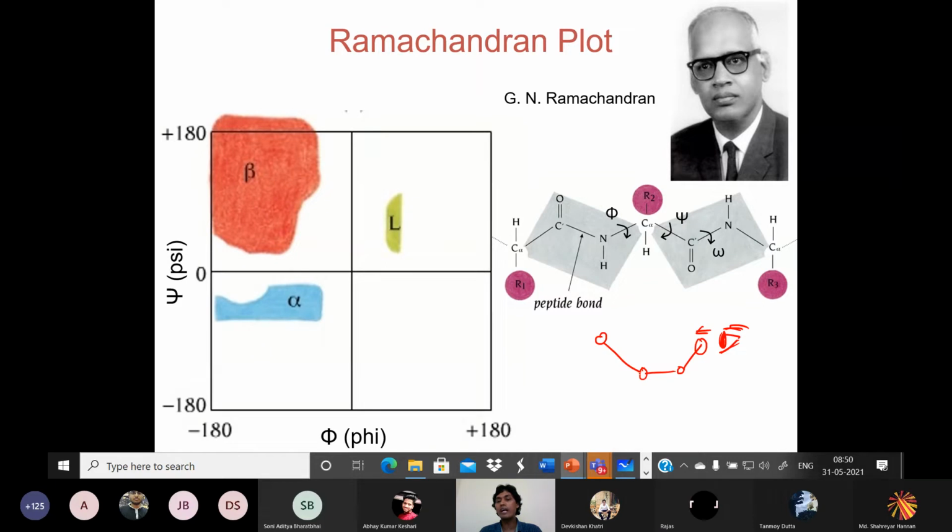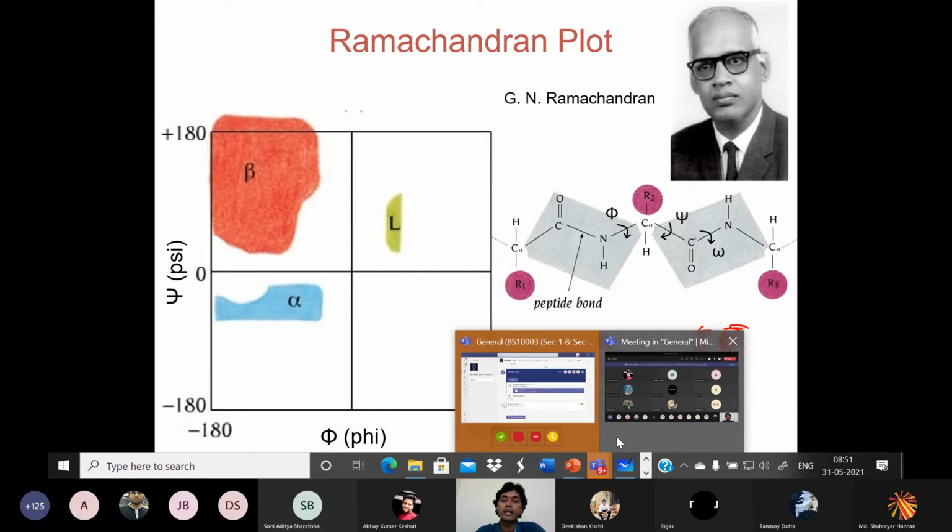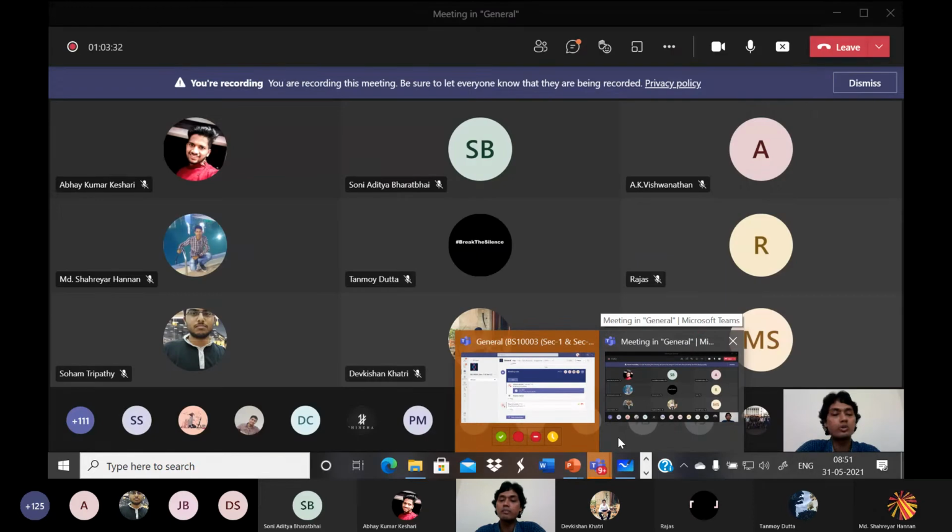Now if you rotate this by 30 degrees, where will you see the position? I have some animated slides, so I will attach those slides to this presentation before uploading it to your MS Teams. If you have more problems, let me know through email, and I will address your question.